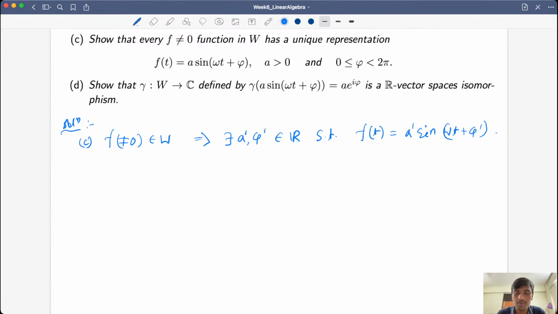I don't know here whether a prime is positive or not, and a phi which is between 0 and 2 pi.